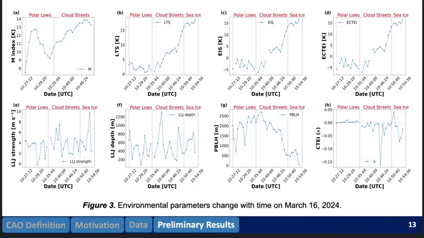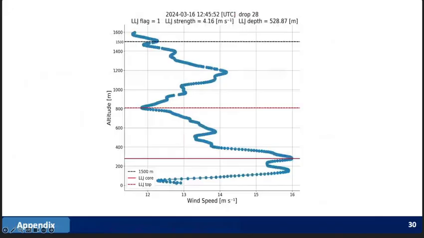If you go back to the definition profile that you were just showing. Here. Depending on what you're really trying to quantify, the low level jet itself is actually below the zone that you're now quantifying as the depth, right?